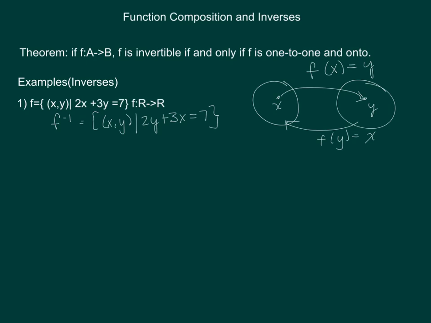To formally prove this, I'll take my original f and write it in this form. 3y is equal to 7 minus 2x. y is equal to 7/3 minus 2/3 x.